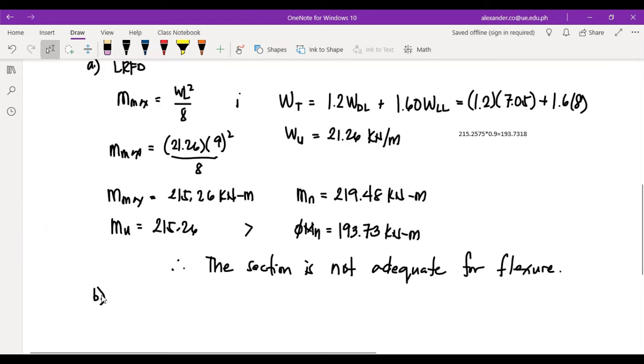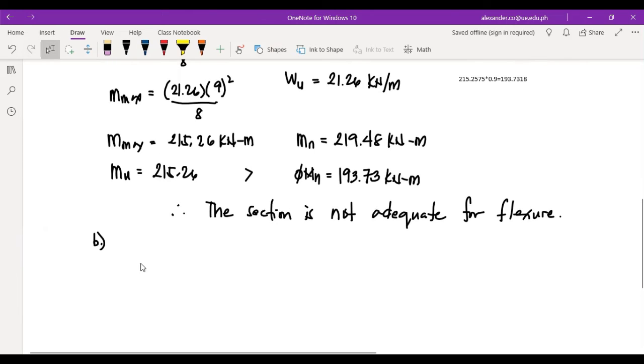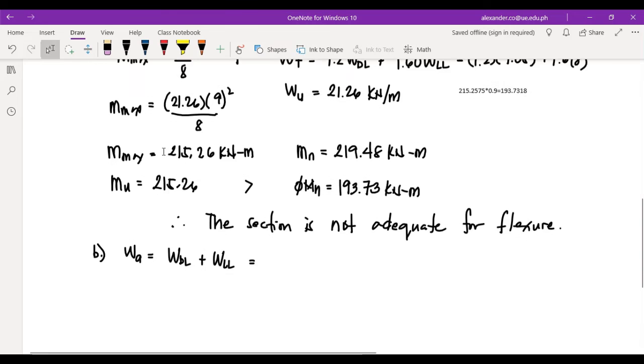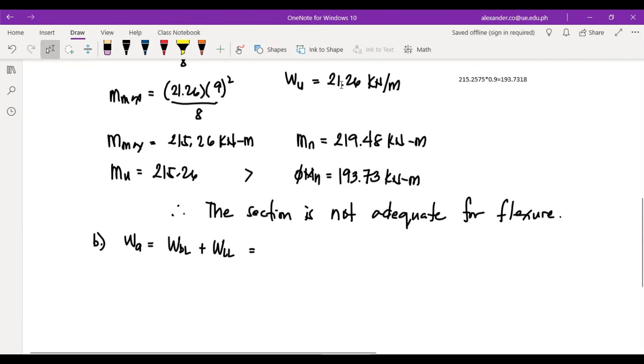How about sa ASD? Pasado kaya siya? So, tingnan natin. Ngayon, parehas lang naman siya, no? Ang magiging Wa niya is W dead load lang plus W live load. Okay? Walang factor. Ang dead load natin, a total combination is 7.05, combination ng impulse tsaka yung weight ng beam, plus 8.